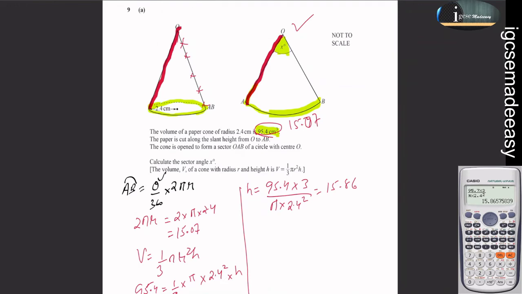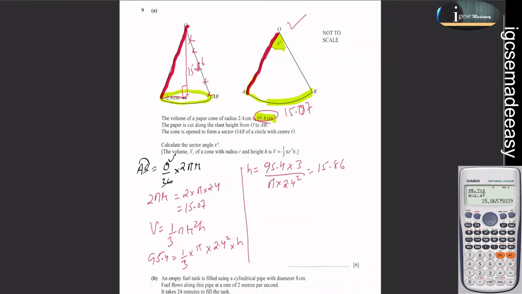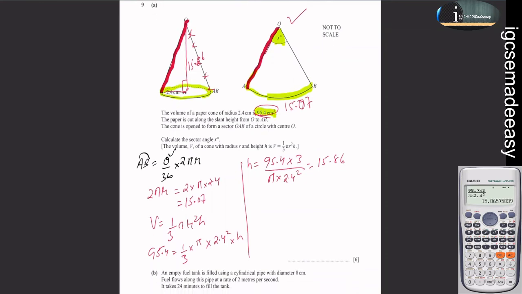h is the height. The difference between h and the slant height is that height is always perpendicular to the base, at 90 degrees, and the slant height is this one. That is 15.86, that is h. Using h and the radius, we can find the slant height, which is actually the radius of this sector.